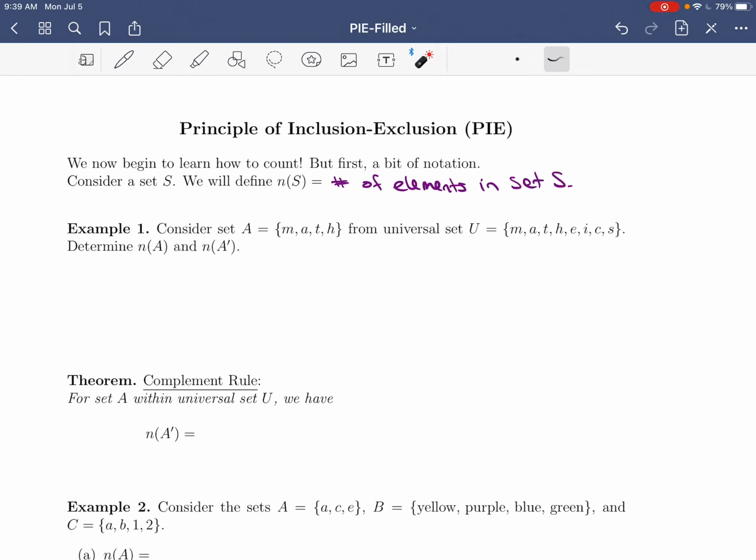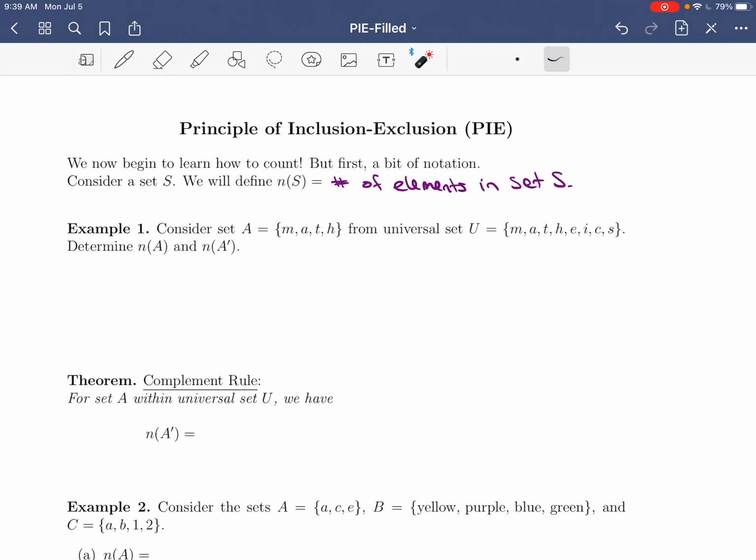So here I have the set A. A contains the letters M, A, T, and H. Okay, so letters of math, as individual elements. And the universal set is all the individual elements of mathematics. So obviously the M is not repeated, the A is not repeated, but there's those individual letters.